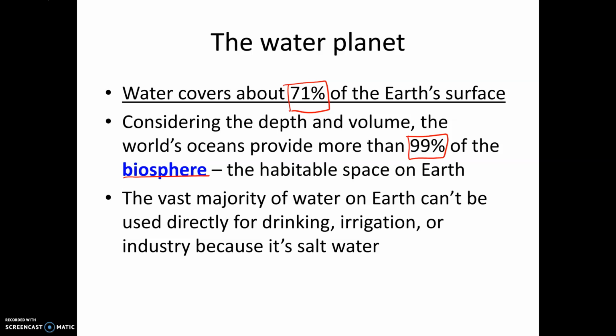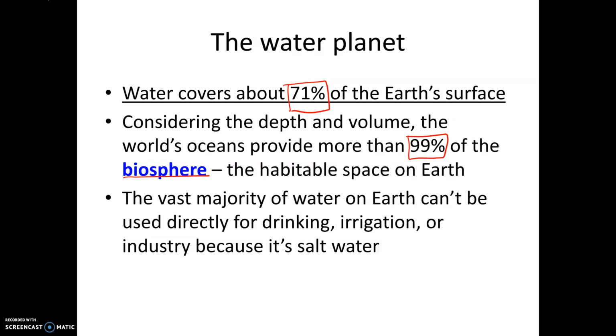Our biosphere is a combination of both land and our oceans. But since the oceans have this huge availability for both depth and volume, and they already cover about 71% of the Earth, 99% is going to be that biosphere here.